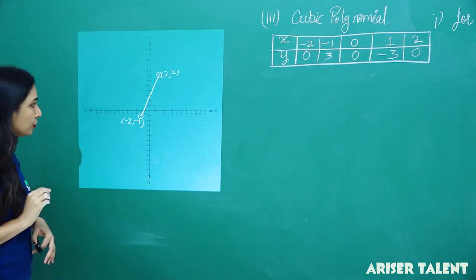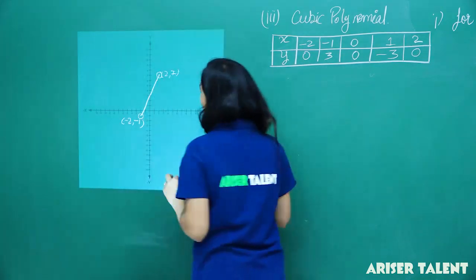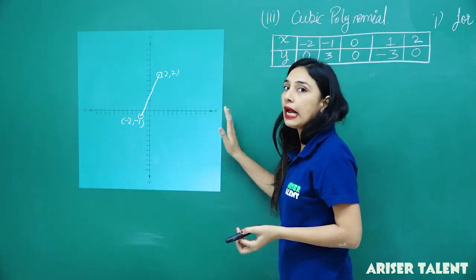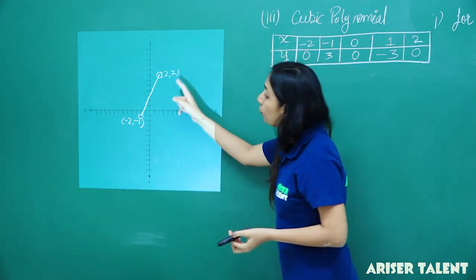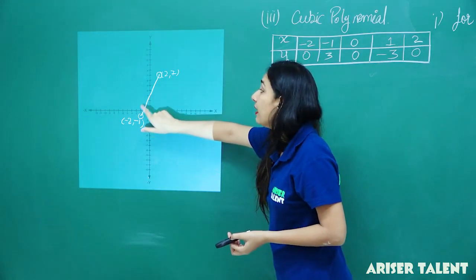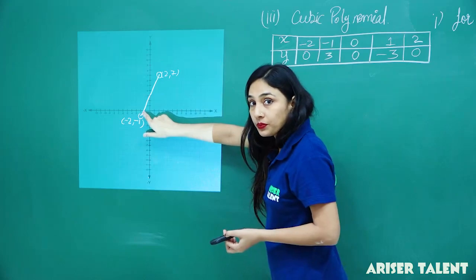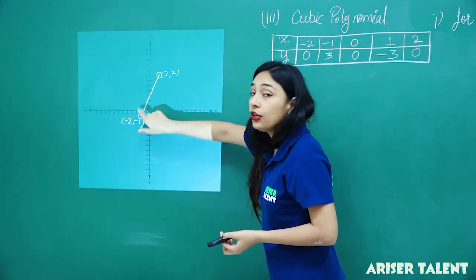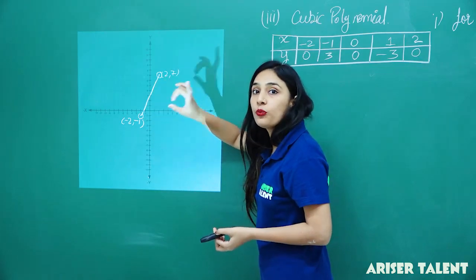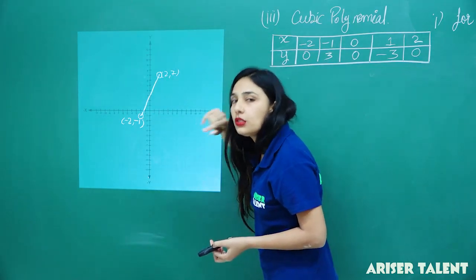Okay, so when you do this on your graph paper, you will get a particular number here where it's cutting. Where it's cutting, you will get the value of this polynomial equal to 0.